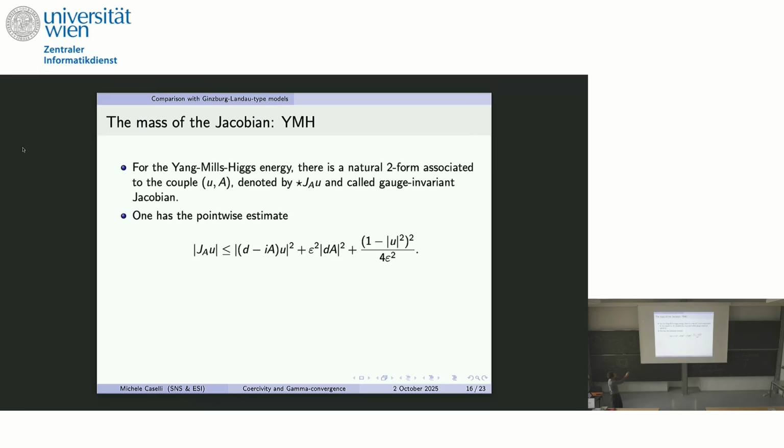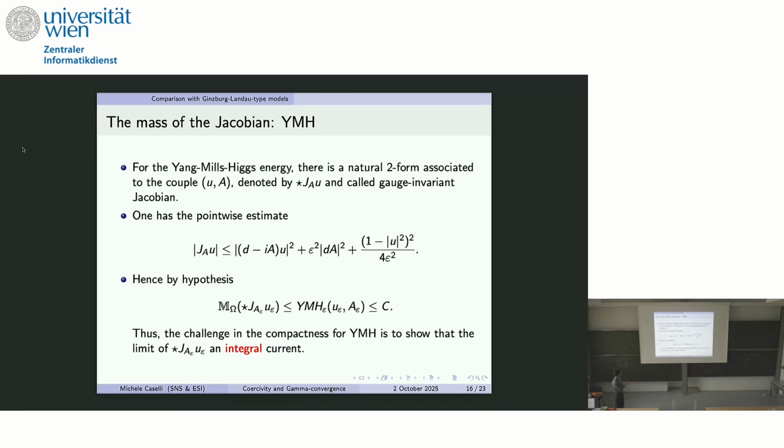So the Jacobian, which is identified with an n-2 current, but as you see here, at least for smooth objects, it's a wedge of derivatives, can be bounded pointwise from above by the energy densities. So in the Yang-Mills-Higgs framework, by hypothesis, if I take a sequence (u_epsilon, A_epsilon), the Jacobians have bounded mass.